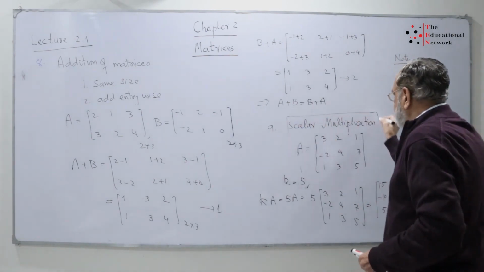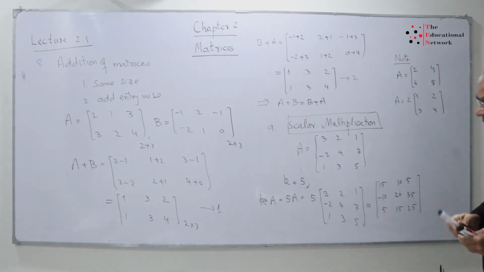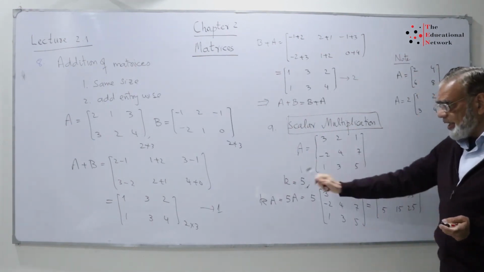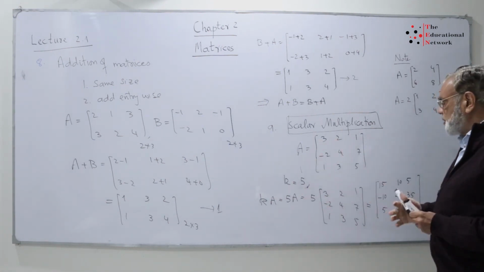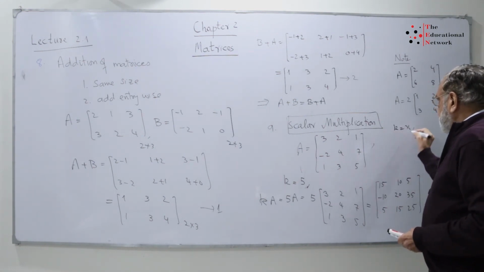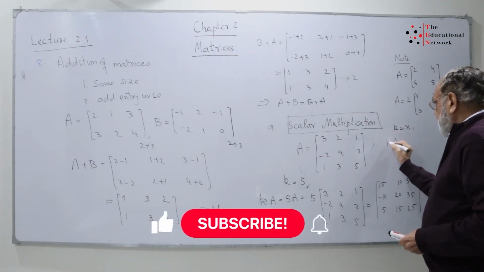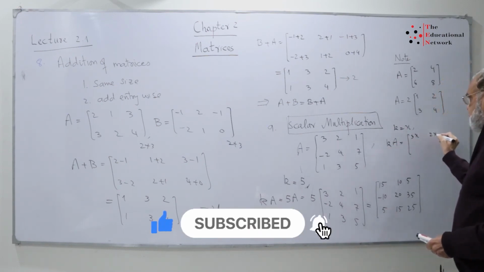Very important concept. We are going to use this in our different problems. So again, I will repeat it. Scalar multiplication means k is any number. It can even be a function. For example, I can take k equal to x. Then kA is equal to 3x, 2x, x.